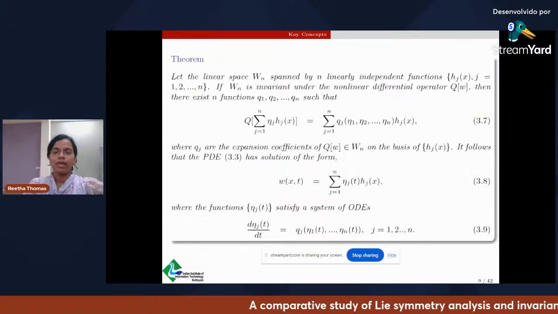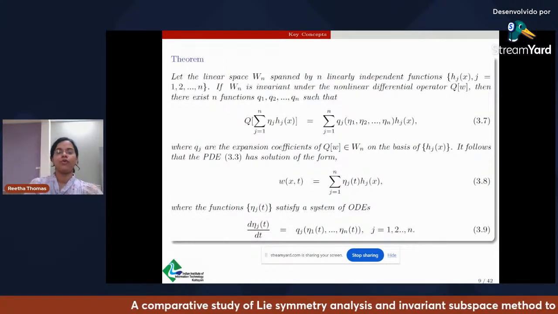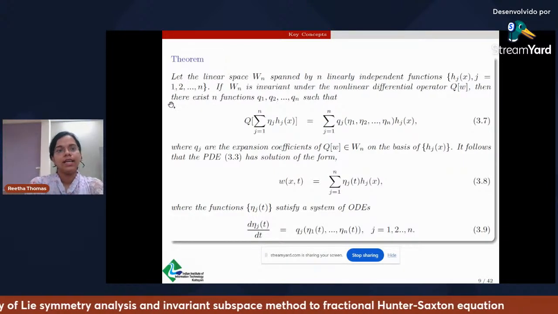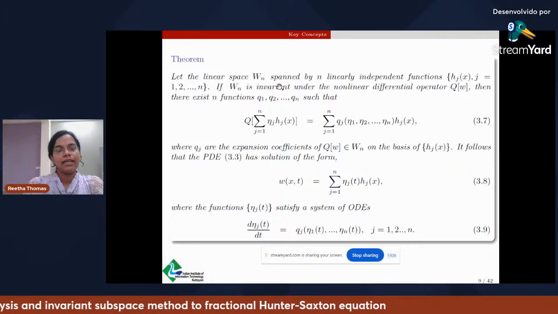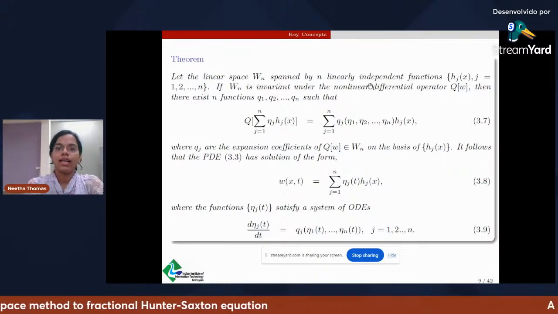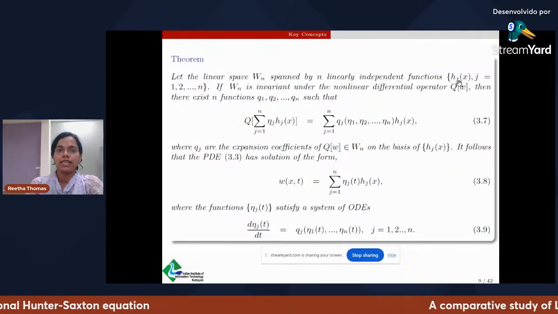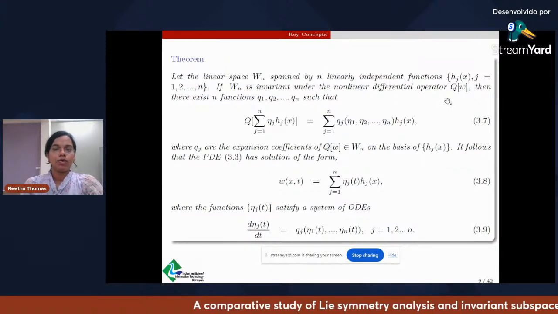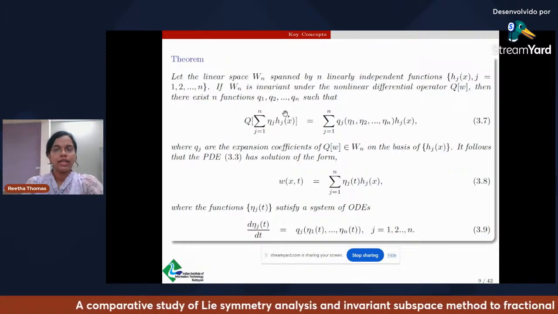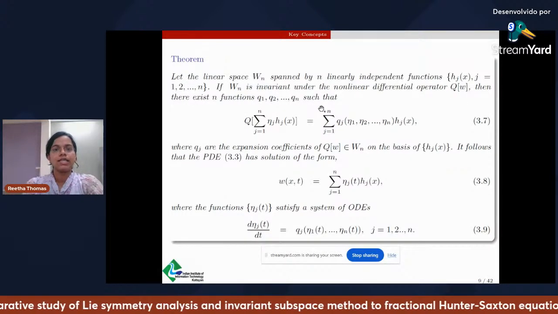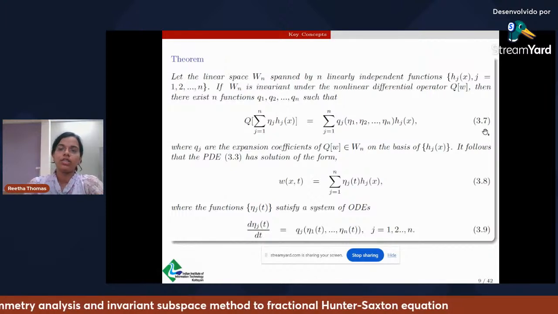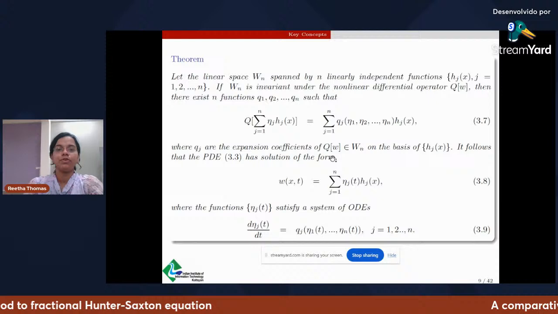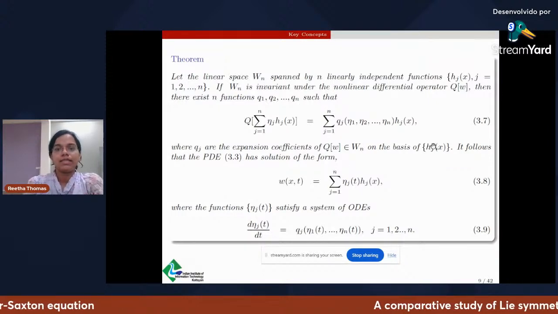That subspace is used to find the exact solution of the PDE using this theorem, which states: let Wn be the vector space spanned by n linearly independent functions Hj, and if Wn is invariant under the nonlinear differential operator Q, then there exist functions Qj such that this equation 3.7 holds, where Qj are the expansion coefficients of Q on the basis of Hj.